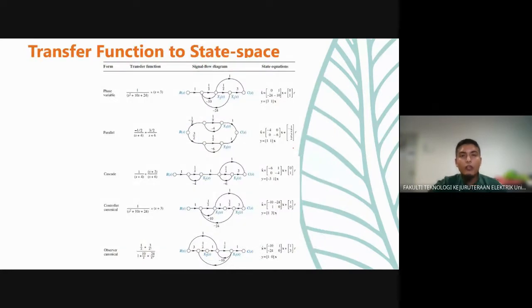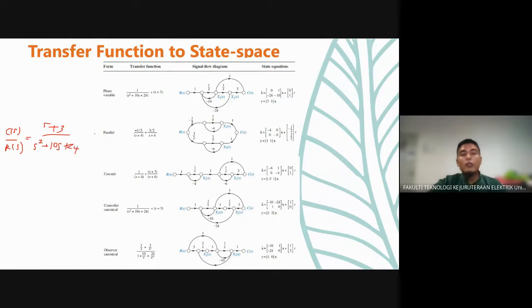Okay, so you can see that to convert the transfer function to state space, you have this transfer function C(s) over R(s) equal to (s plus 3) divided by (s squared plus 10s plus 24).